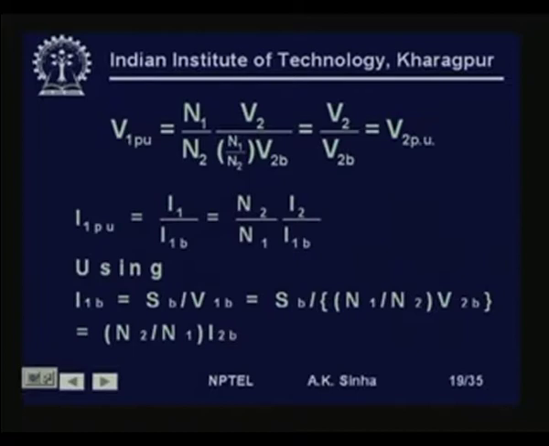That is, we are seeing that I1 base and I2 base are related by the relationship I1 base is equal to N2 by N1 into I2 base. That is, it is in the inverse ratio of the base values that we had chosen for the voltage, where we had V1 base by V2 base is equal to N1 by N2.